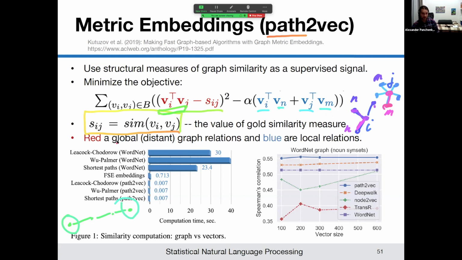And computational experiments with different measures, such as shortest path, but also other more elaborate metrics, such as Wu-Palmer and Leacock-Chodorow, show that you really gain a lot of improvement in terms of speed.